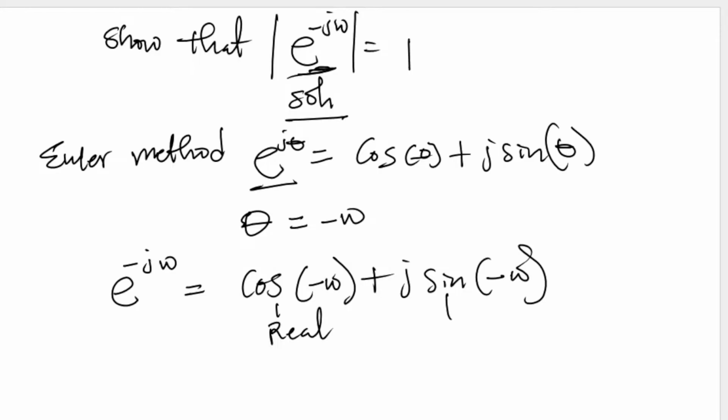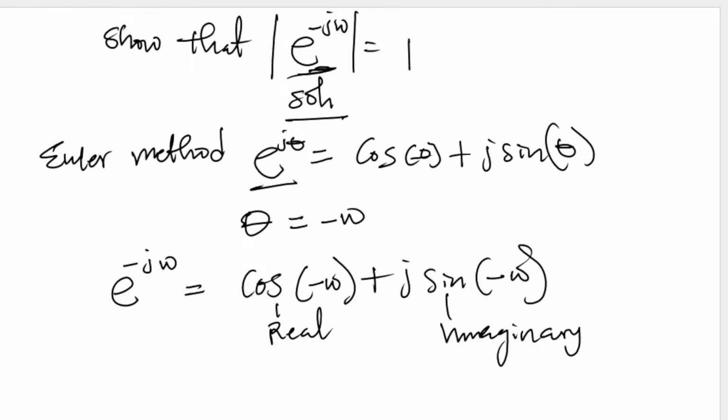Now, what we are seeing here is what we call your real part and your imaginary part. So you can differentiate your real part from your imaginary part. What are we seeing here? We are seeing a trig function, cos minus w, and another trig function, sine minus w.